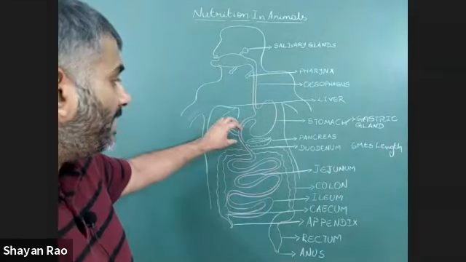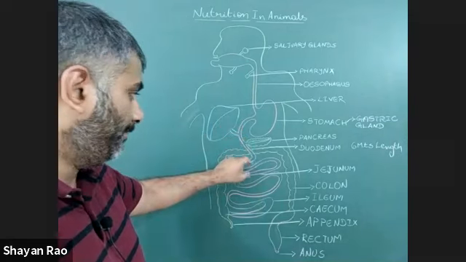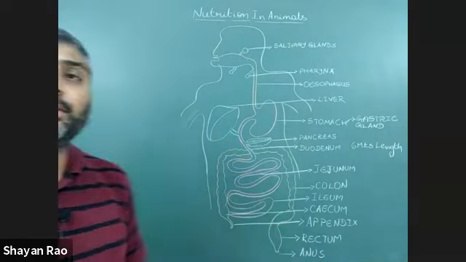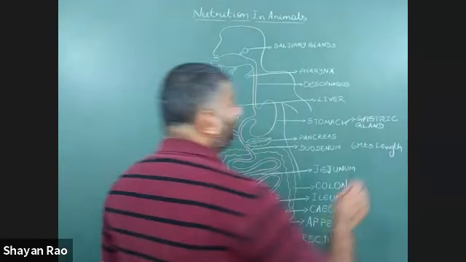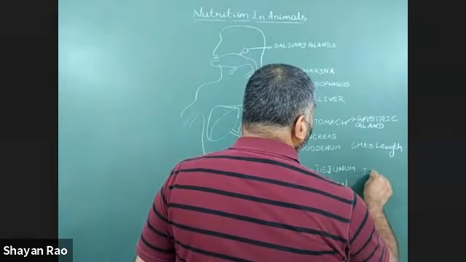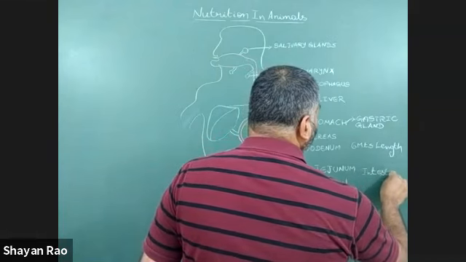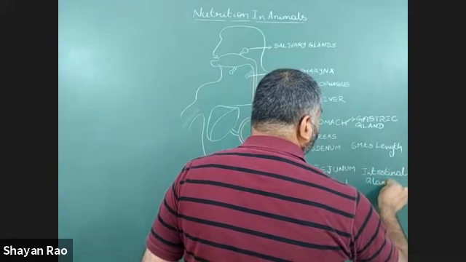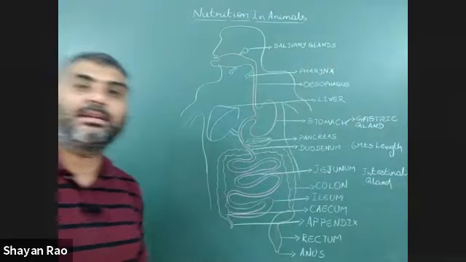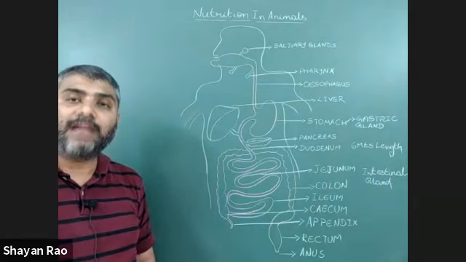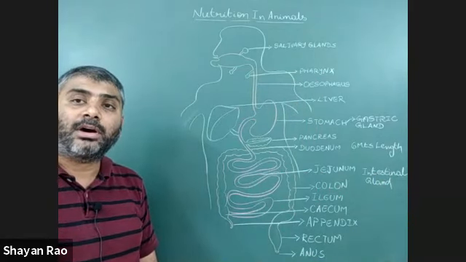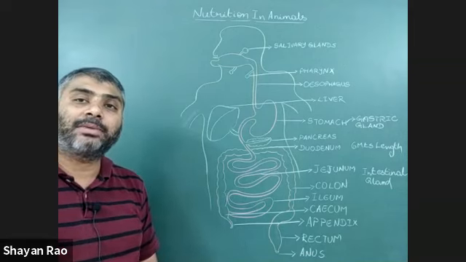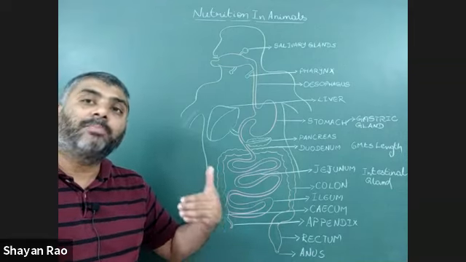When the food comes into the duodenum and then to the jejunum, here in the small intestine we see the presence of something called intestinal glands. This intestinal gland is responsible for the secretion of various enzymes responsible for the digestion of the complete food.